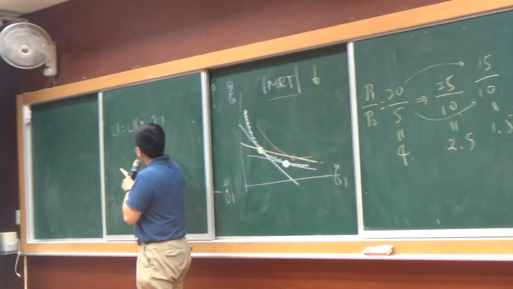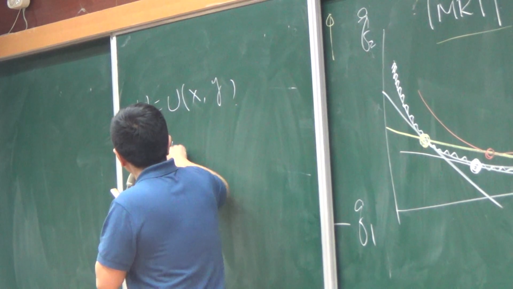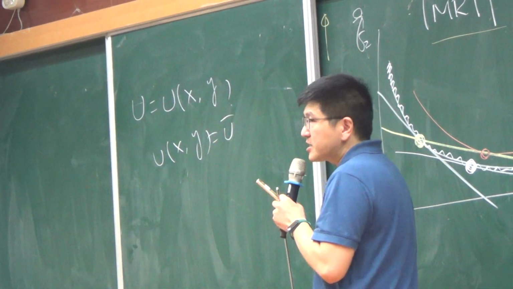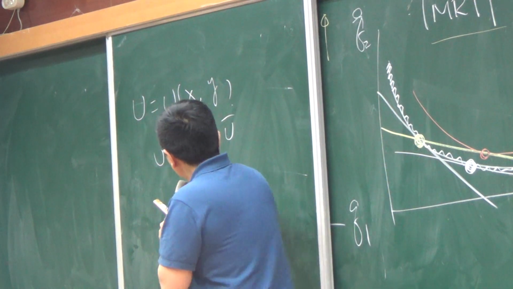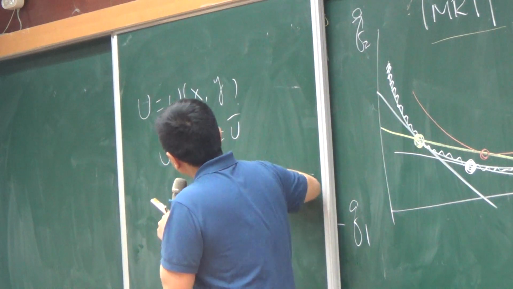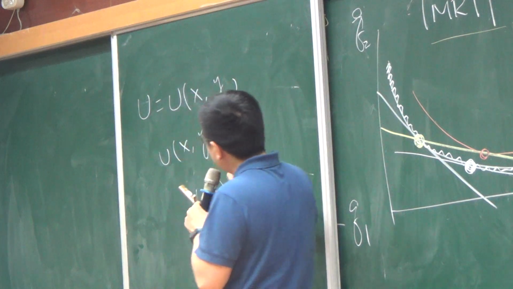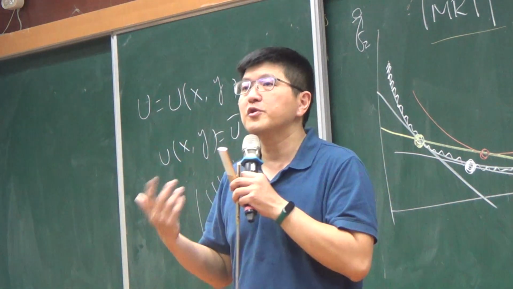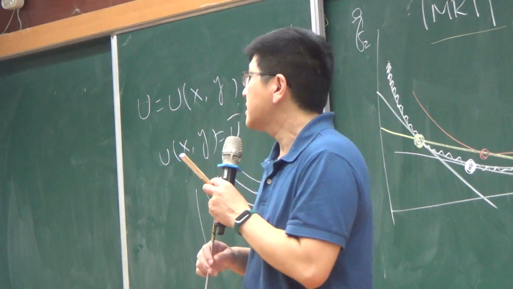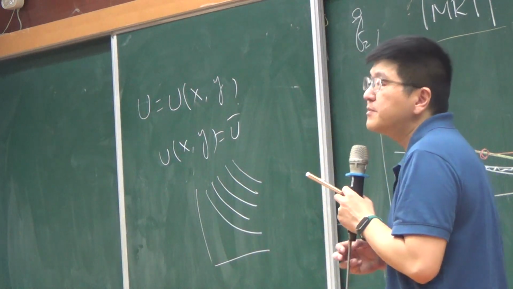Consumers consume the bundle of X and Y, so we get a utility, or we may set utility as a specific value so that we have a specific indifference curve, or a group of indifference curves. So we use the utility function to capture the indifference curves or preferences. So do you think utility is a natural measure of consumer welfare?